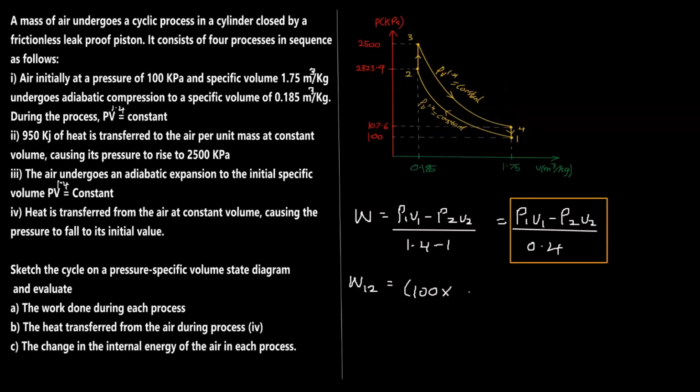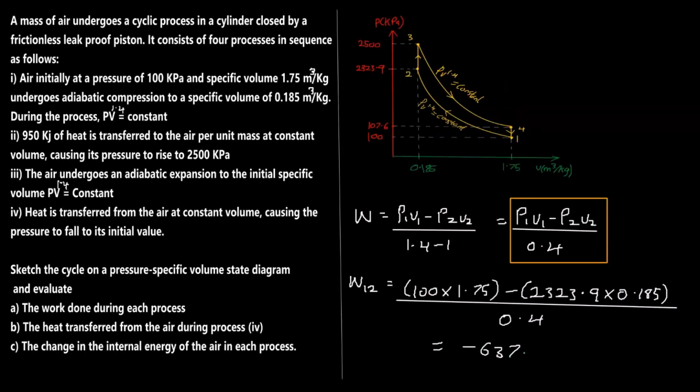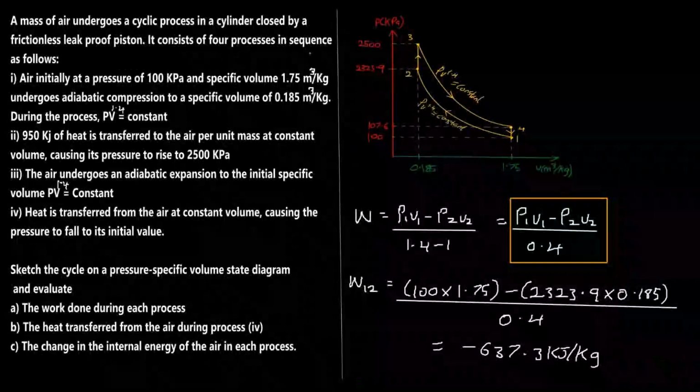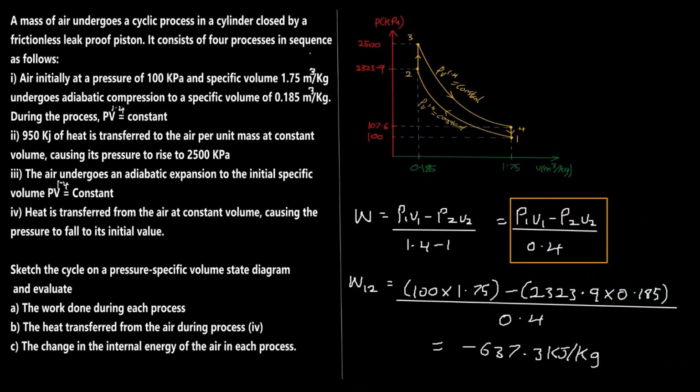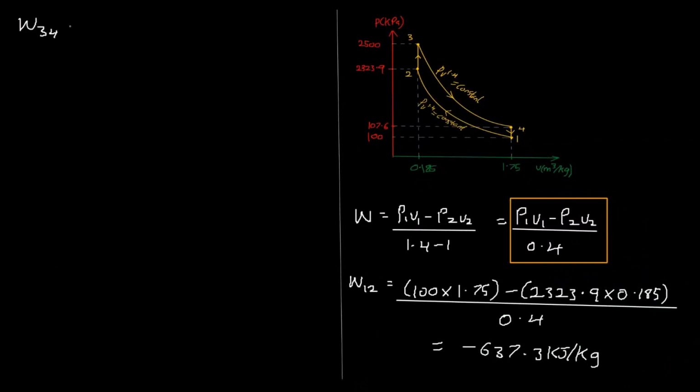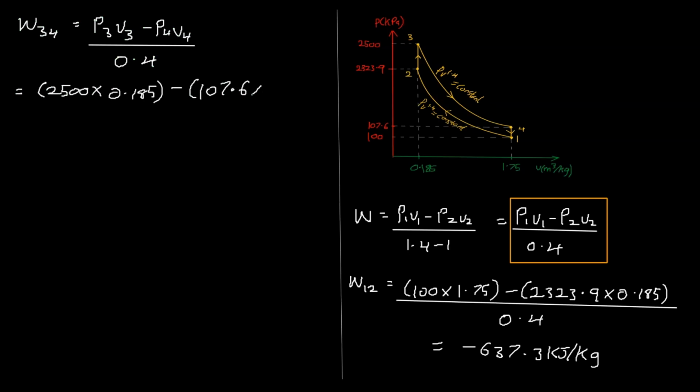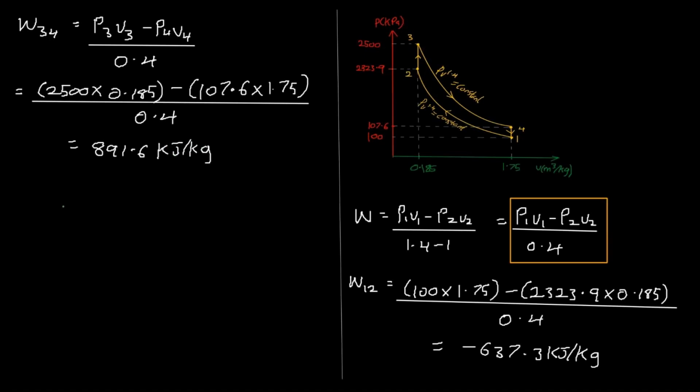So W12 for process 1 to 2 equals minus 637.3 kilojoules per kg. Remember, we're using specific volume, not actual volume, so our work done is going to be per kilogram. And for process 3 to 4, work done W34 equals P3V3 minus P4V4 divided by 0.4. And this gives us 891.6 kilojoules per kg.